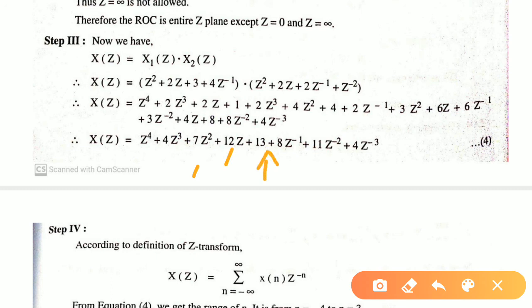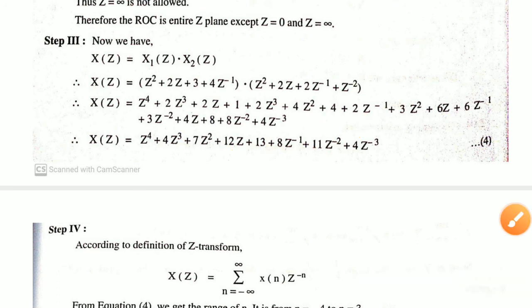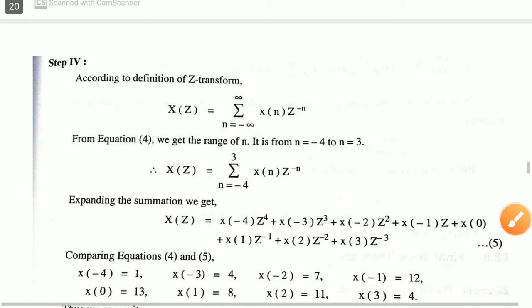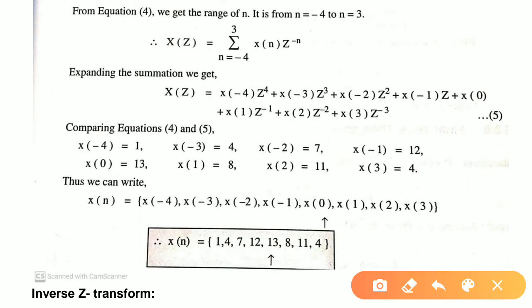The arrow shows at the 13. Then 8, 11, and 4. So just by watching this equation, you can directly write down the final sequence of the given problem.